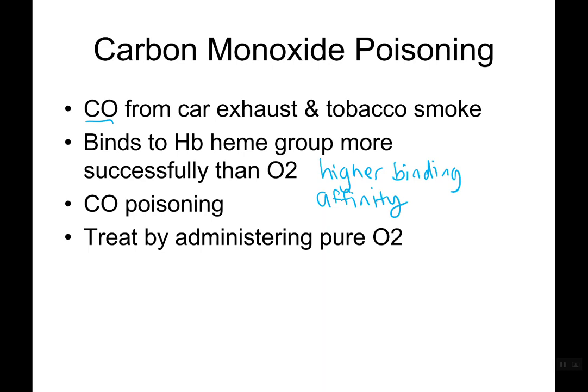And that has to do with some chemistry stuff that we won't really go into, but enzyme kinetics states that certain compounds are going to bind more or less strongly and more or less reversibly to the active site of a given protein or enzyme. So you treat carbon monoxide poisoning by administering pure O2 in the hopes that it will just swamp out the carbon monoxide and eventually replace all of the spots that have bound carbon monoxide with oxygen instead. You can also do this using a hyperbaric chamber.